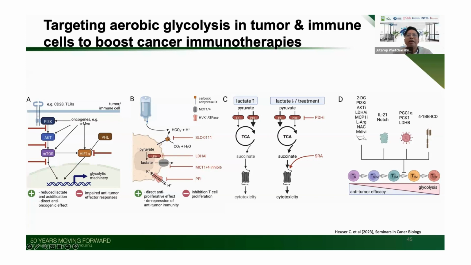So as you can see here, this is where and when the immunometabolics can jump in to improve the functions and behavior of these immune cells that are involved in such different steps in immunotherapy.